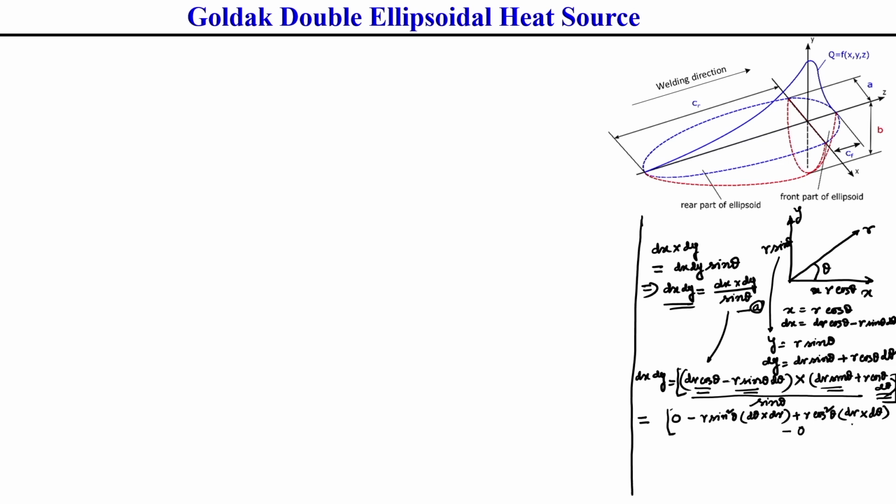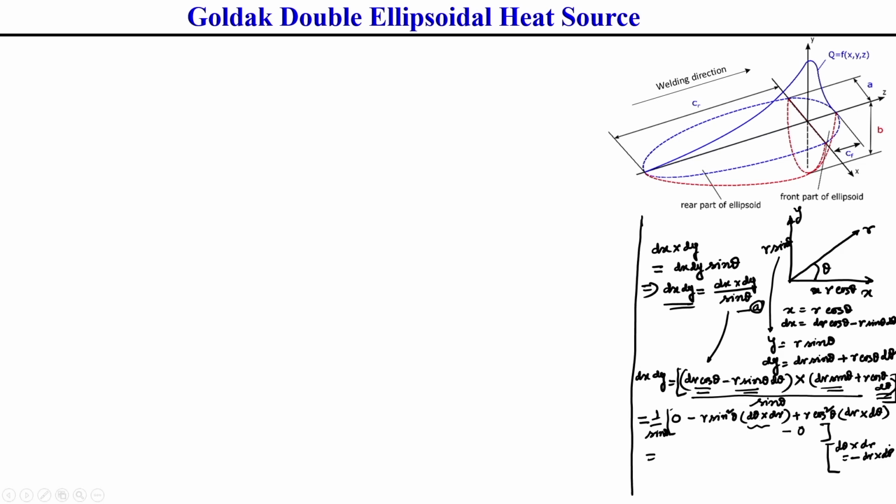This whole divided by sin theta. Now, here what do you see? This d theta cross dr, according to the cross product principle, we can write d theta cross dr is equal to minus dr cross d theta.